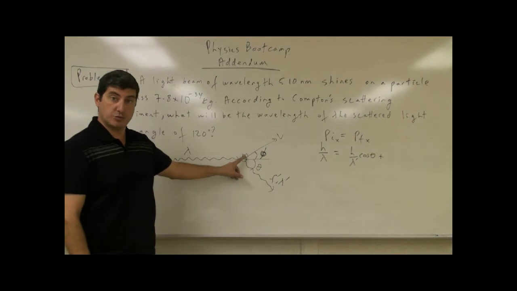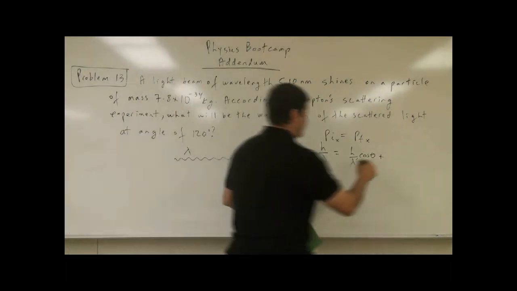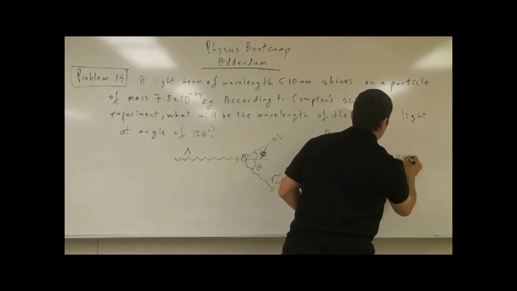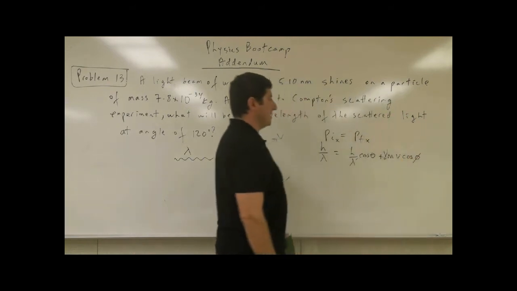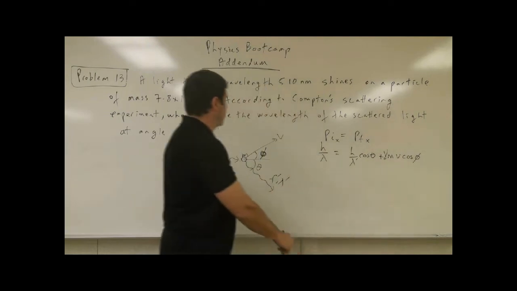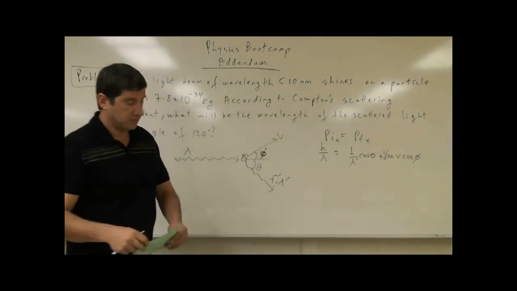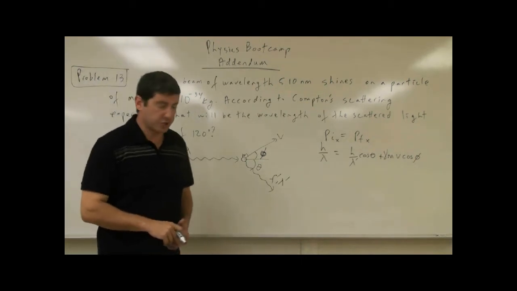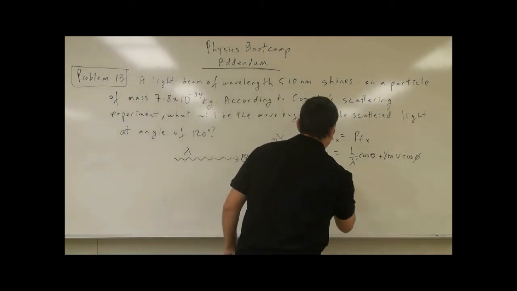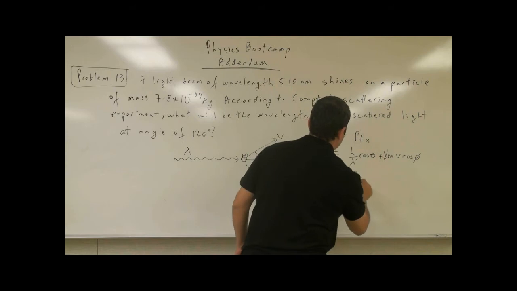plus the momentum of the particle of mass m, mv cosine phi, but we have to use gamma mv, right? Gamma being the relativistic factor for the particle. How about in the y direction? Well, in the y direction, momentum initial y equals momentum final y.